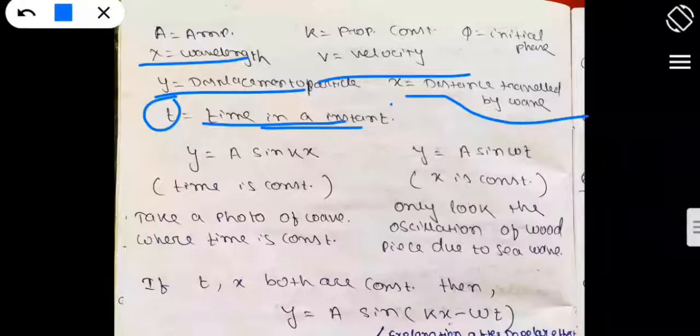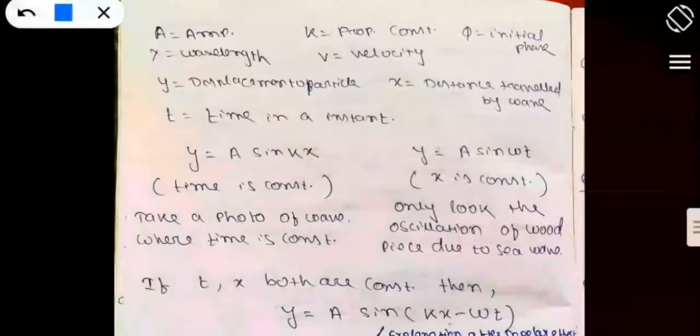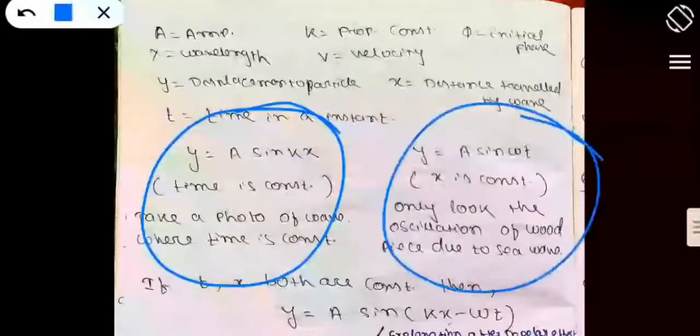At what instant has the wave traveled up to what position? The wave equation is a combined formula of two forms: one where the time is constant, another where the displacement is constant.